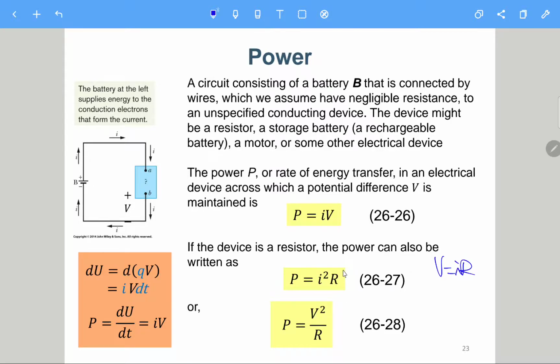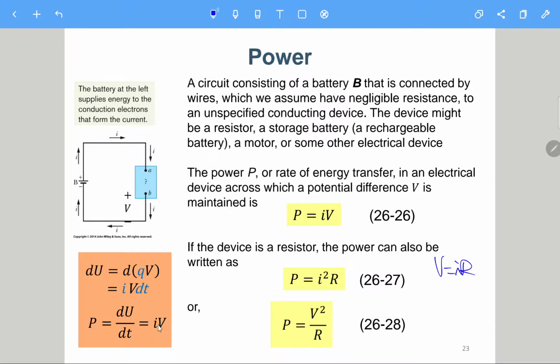So we only need to eliminate one of these three variables, then we can get these three. So actually they are the same. So probably you only need to remember one, and then you can get all three with this V equals IR.